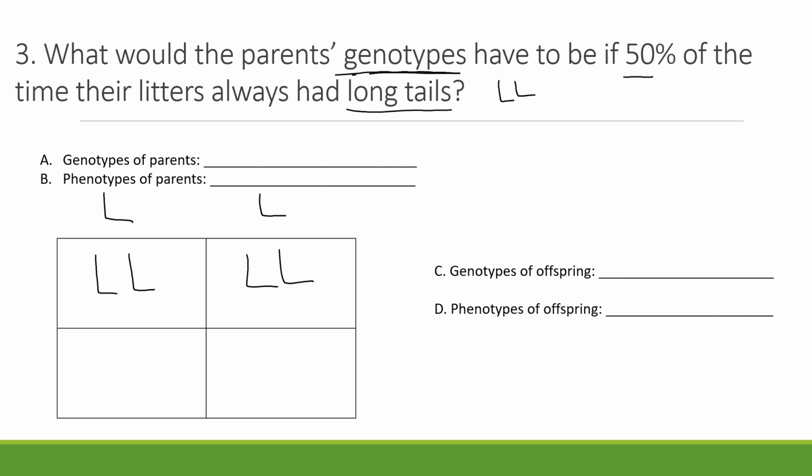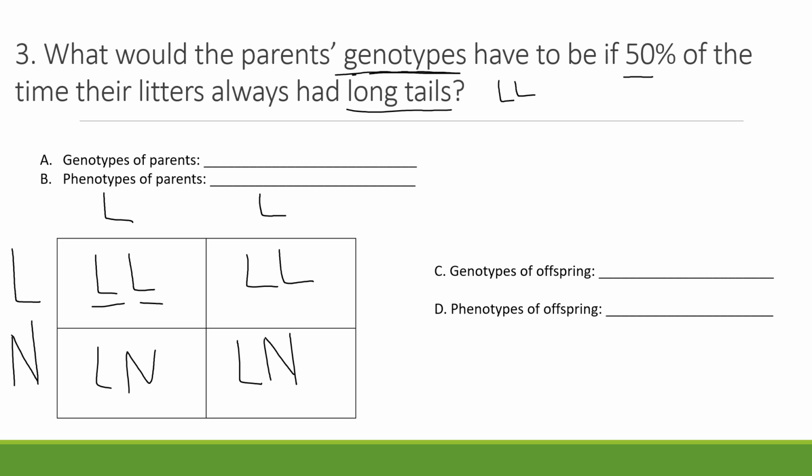Okay, so then on this side, I also have to have a capital L, because otherwise we would not have an L here and an L here. So the only other letter I can put with this one would be an N. Okay, LN, LN.